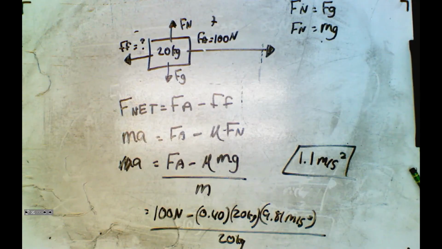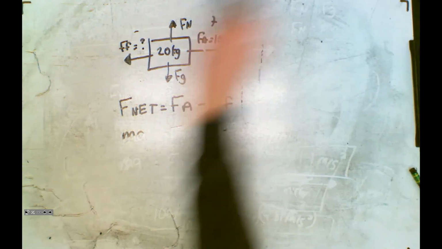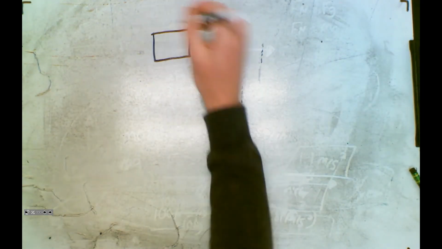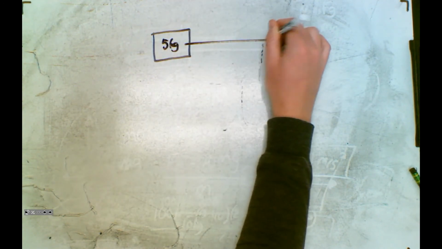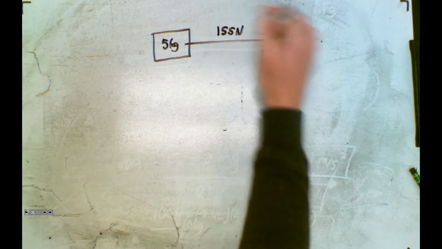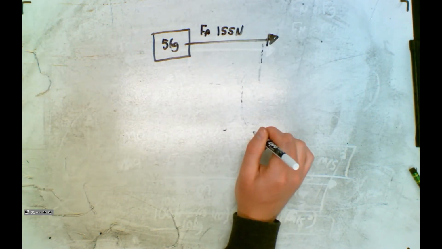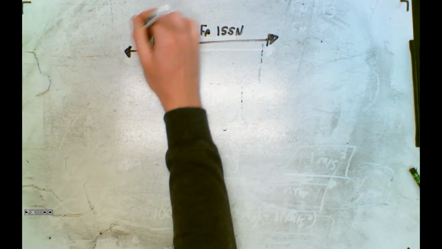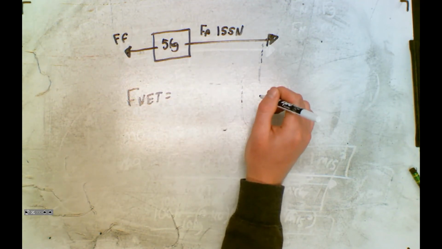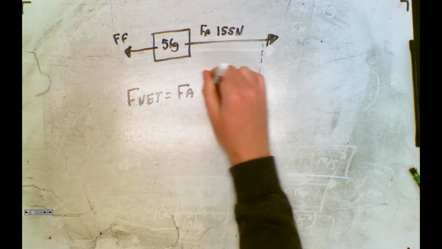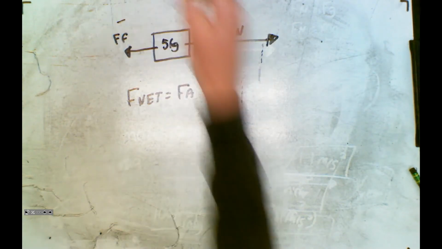Okay, let's try that out. So we'll start off with the free body diagram. We have a 5 kilogram object. There's a force applied of 155 newtons. And there's friction, which we don't know. And we can write an F net equation. Our F net is equal to our force applied minus our force of friction, because this is positive, this is negative, because this is bigger, so I'm going to make that positive.